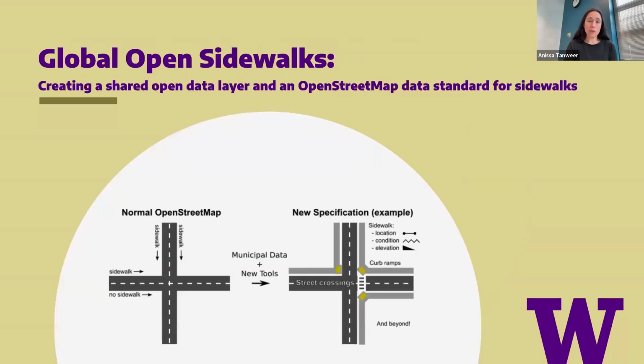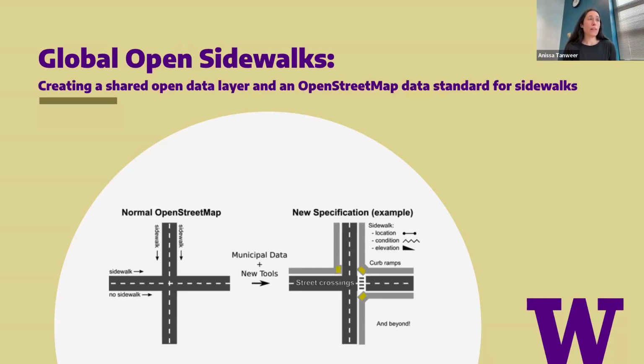Another project we took on is an example where we're entering at the midpoint and driving one small piece forward of a much larger project with a lot of moving parts. We were collaborating with a team of researchers from the Taskar Center for Accessible Technology here at the University of Washington. They had started out by trying to create a routing application tailored to people with mobility limitations, such as people who use wheelchairs to get around.